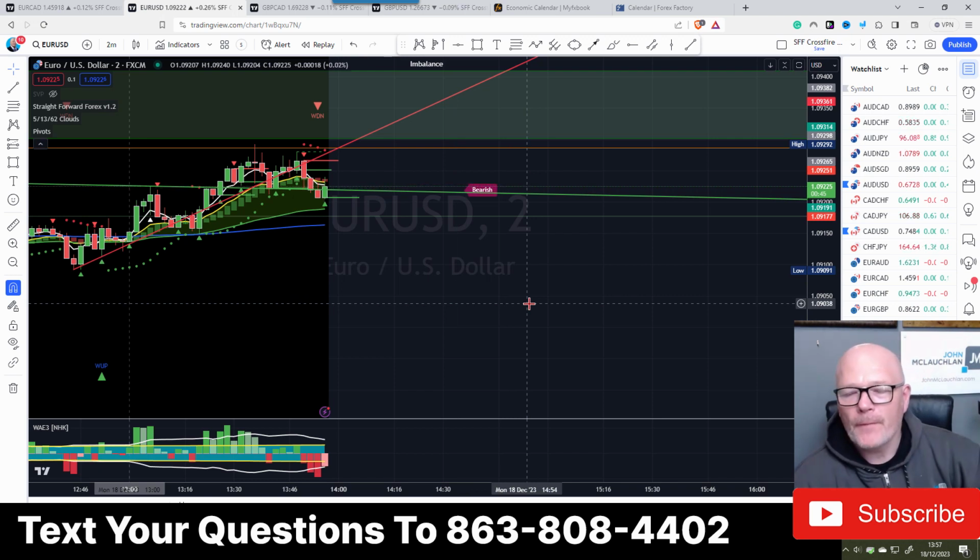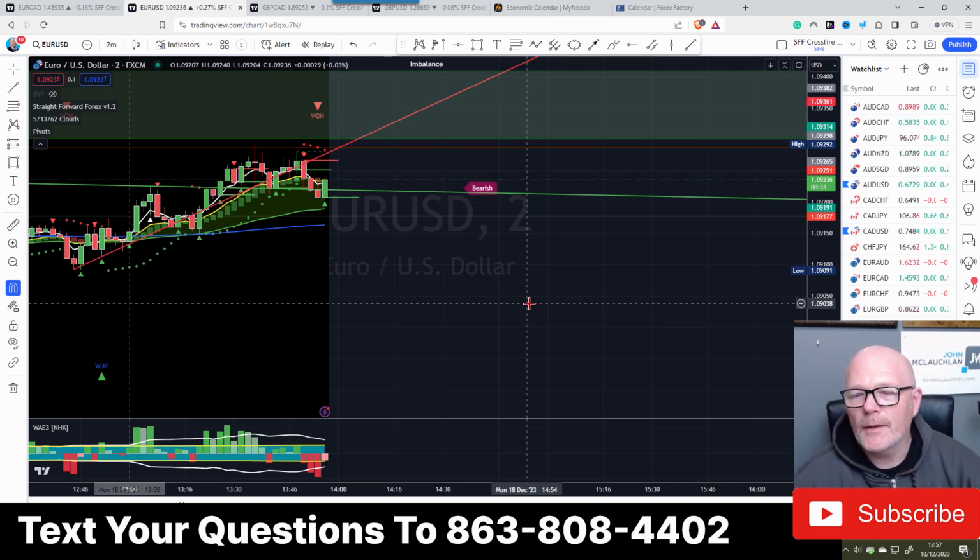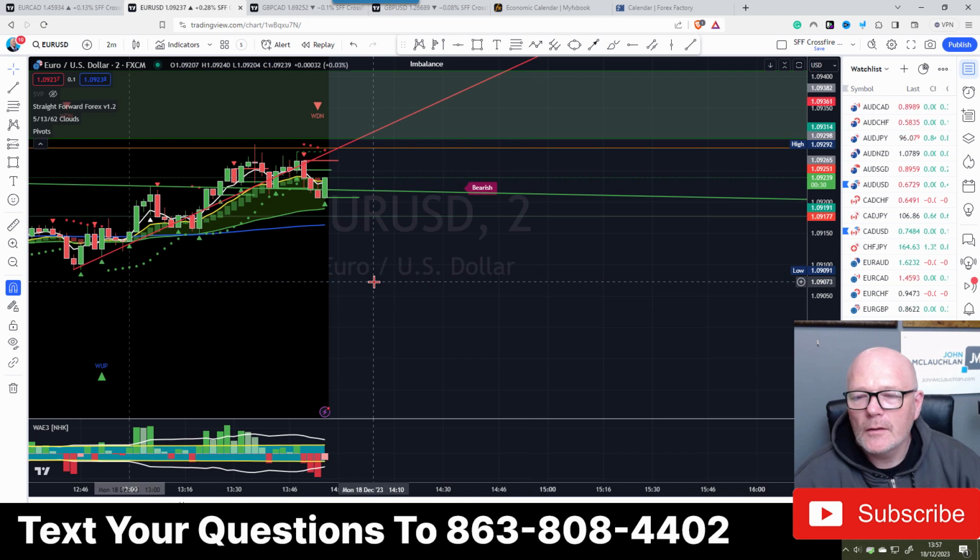So what we're looking to see is, does price break through or does price bounce off it? And if it breaks through, what you want is the body to be clear, not touching the trend line. So it's got some interesting moves. We'll just wait on.